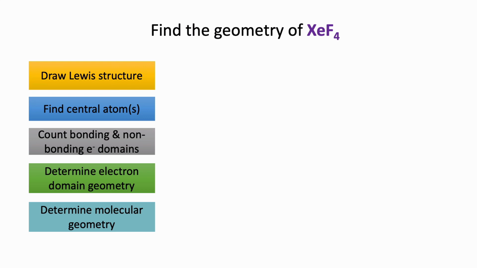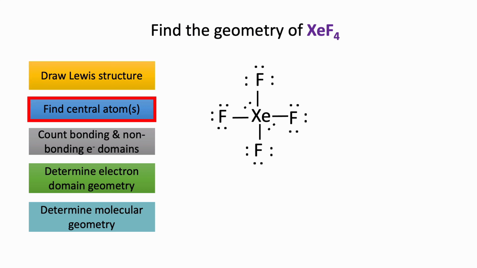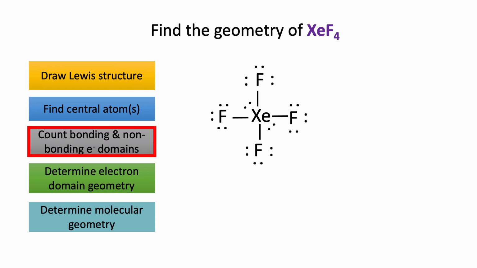Finally, let's do xenon tetrafluoride. We'll start out with a Lewis structure. And again, I highly encourage you to go through and double check my Lewis structure because this is kind of a fun one to do. So here's the Lewis structure. The central atom is going to be xenon. That's pretty obvious. And then we're going to count the bonding and the non-bonding electron domains.